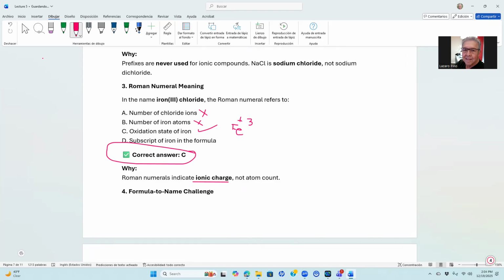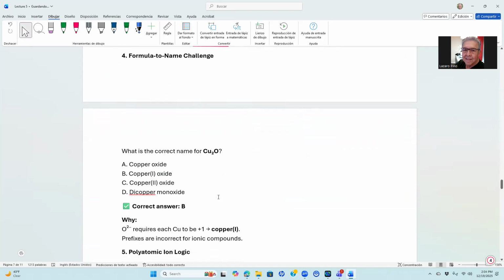Let's go now to the formula to name challenge. What is the correct name for this compound? Copper oxide? No. Copper(I) oxide.